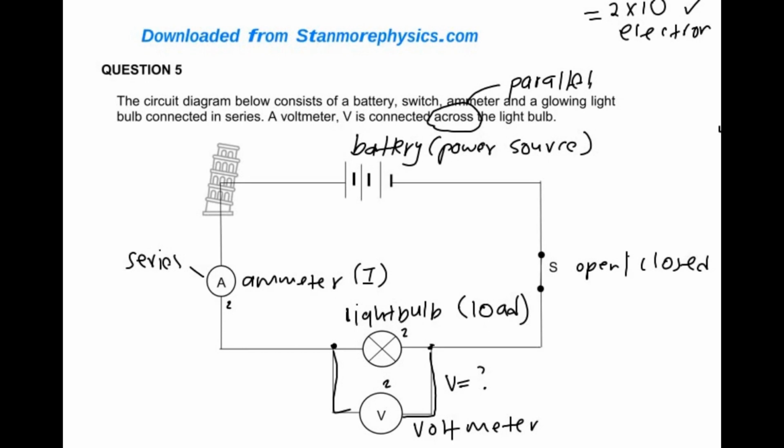If the current through the battery is 2, I'm just making examples here, the ammeter will also have a current of 2. So it will be able to tell us how much current is going through either the whole circuit or a specific circuit element. Right? So let's continue.